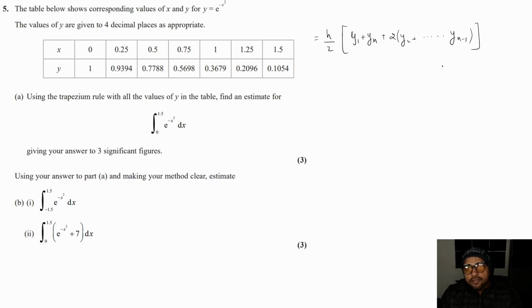This is the trapezium formula for integration, students, which you need to memorize.